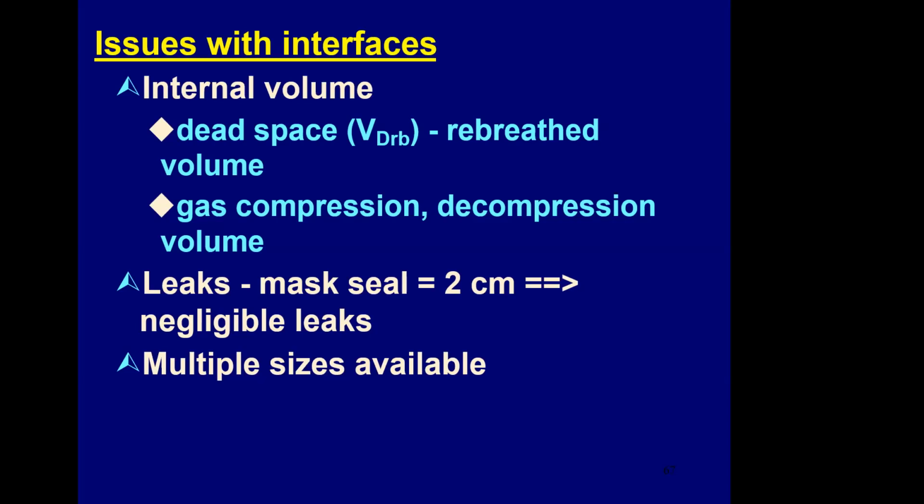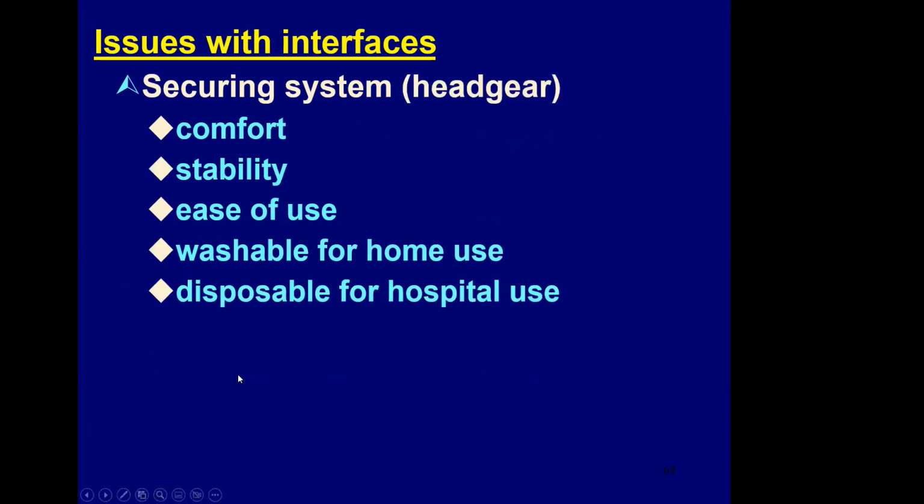So we get compression and decompression volume due to the volume in the mask. Also with leaks, with a mask seal, 2 centimeters is about right. That is a negligible leak. It's important with the interfaces that we have multiple sizes available. One size does not fit all.